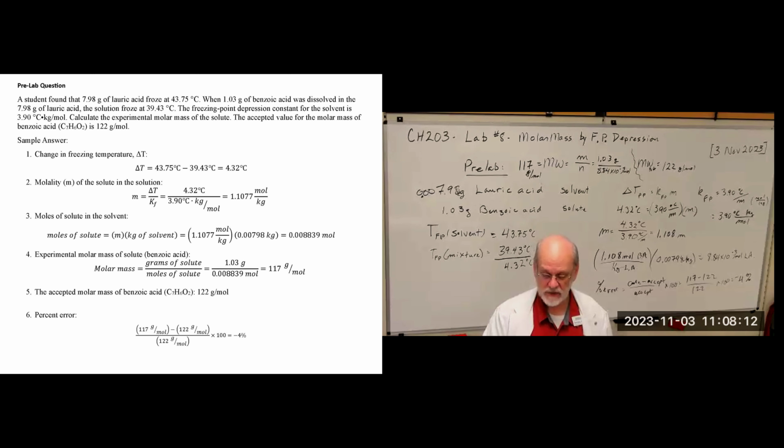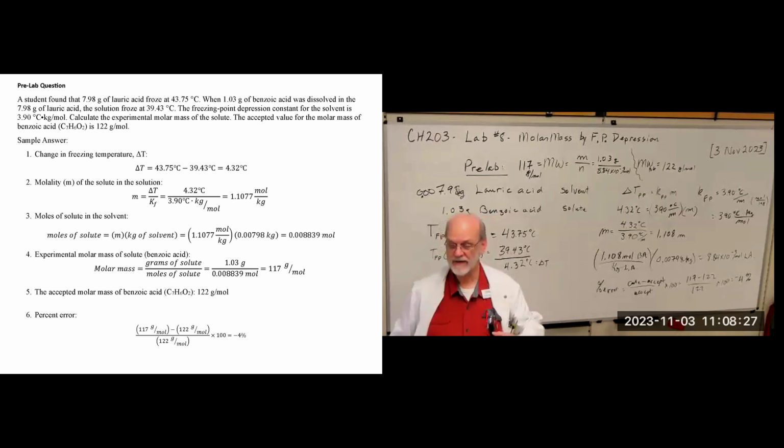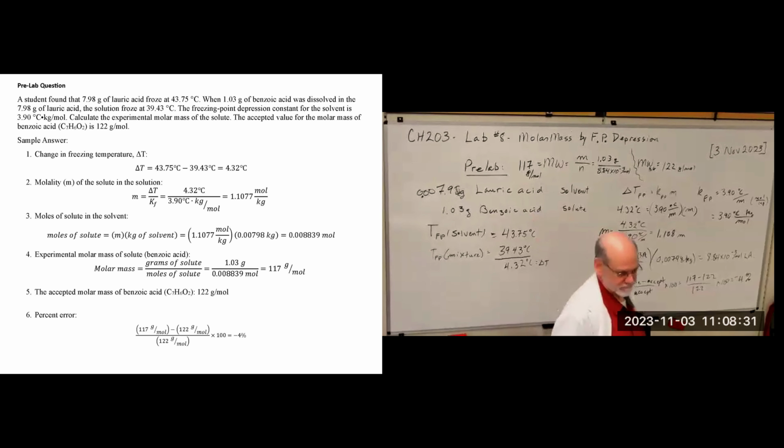Do you stick your thermometer in the solid and put it in the heat and watch it until it changes? It's more difficult to do it that way. What you do is melt it first, make a liquid, and then let it solidify. And that's the temperature you're looking for. All right, so you just need two temperatures. One is the pure, one is the mixture.